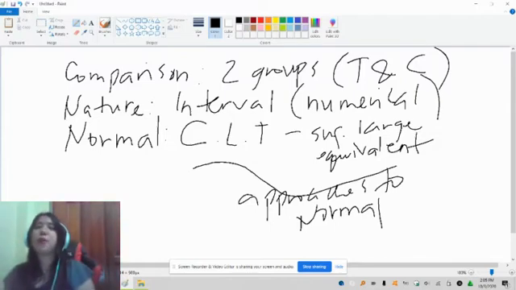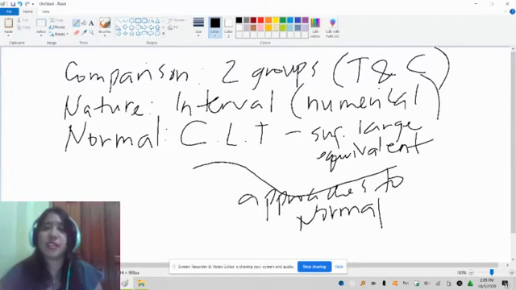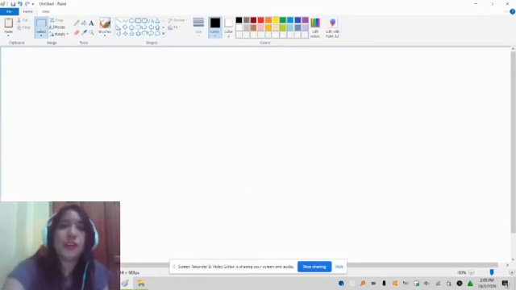So since our data is at least interval and our data is normal, then we can use a parametric test to answer the question on significant difference. And the test for comparison for a parametric test is, again, the t-test, because it's a comparison between independent groups.